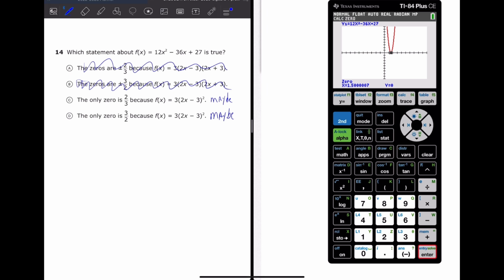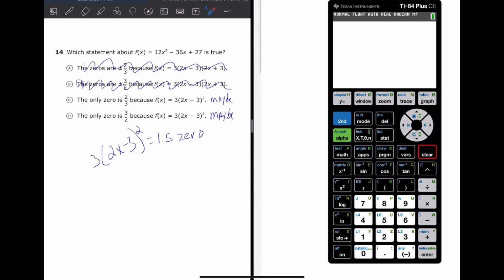Go to 0, left bound, right bound, guess. Looks like the X is right around 1.5. So from our answer choices, we're gonna find out which one is 1.5. .66.